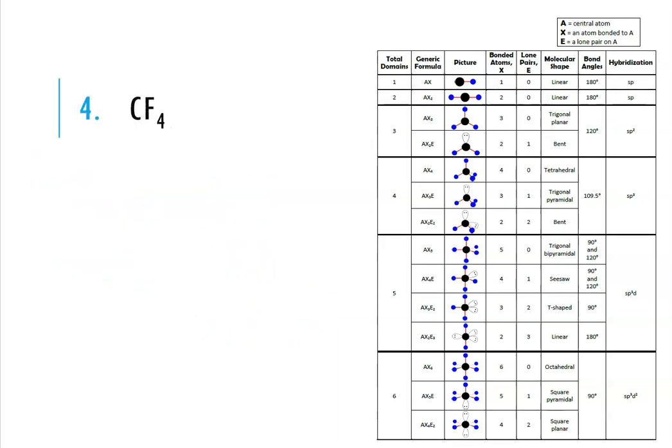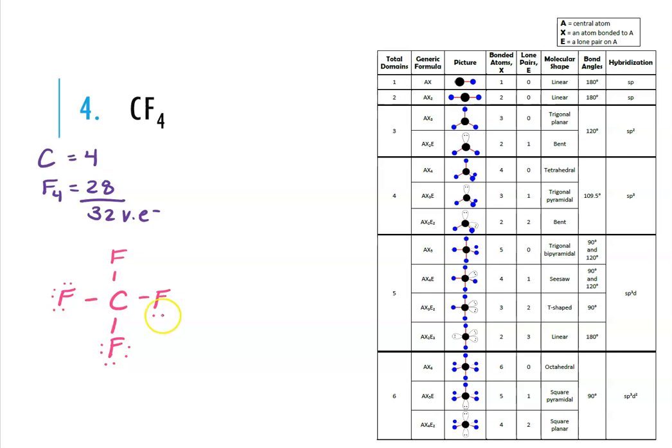Next up, CF4. C is in group 14, so it's got 4. F is in group 17, so 7 times 4 is 28. So that's 32 valence electrons. So I attach all of my fluorines. So 2, 4, 6, 8 electrons used, and counting up to 32.